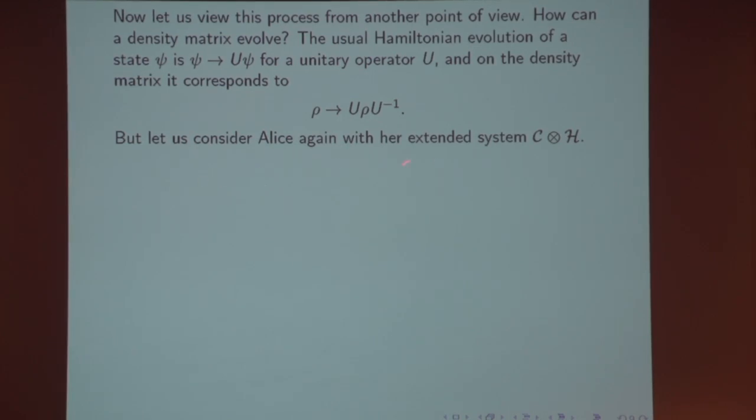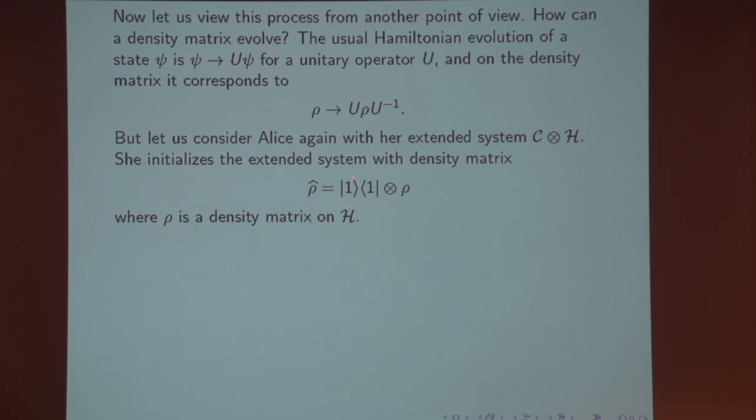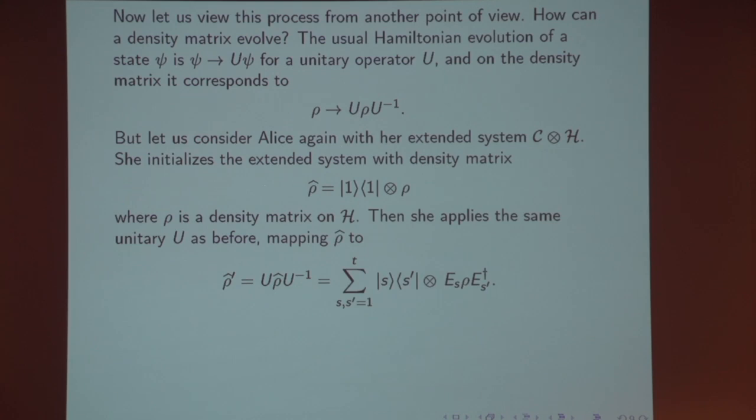But let's consider Alice with her extended system, C tensor H. She initializes the extended system with this density matrix, rho for the original system and the projection operator onto state 1 for the auxiliary system. She applies the same unitary u as before, mapping rho hat by conjugation, but in more detail, she maps it to this.